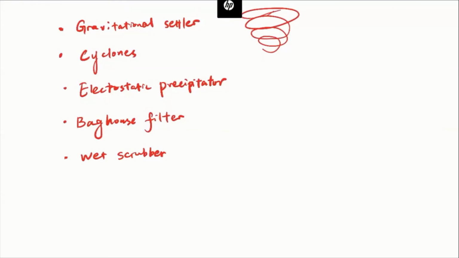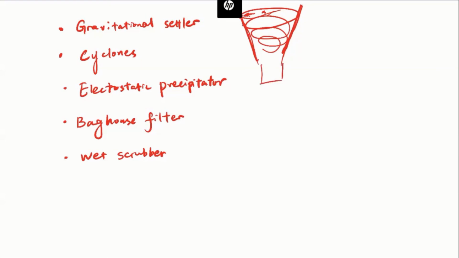We know that the larger particles are going to need a higher centrifugal force to maintain them rotating there, so they have to balance with a drag force, but if the two forces cannot balance, then these particles will just be spun to the outside, right? And then if we have a collector that has a shape like this, the particles can get collected onto the wall and finally get removed at the bottom, right?